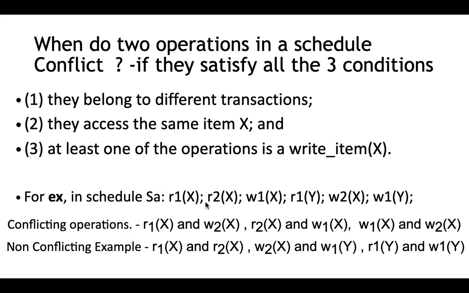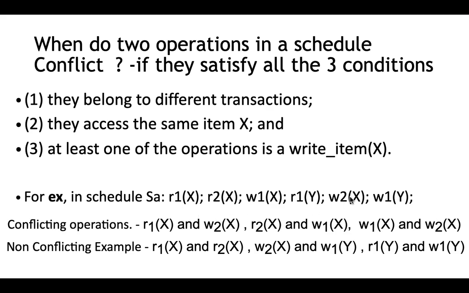So in the schedule, let's see which are the conflicting operations and which are the non-conflicting operations. Remember, we are trying to identify the conflicting operations. This R1 of x individually is an operation. Taking the case of R1 of x and W2 of x, we need to check whether these two operations are conflicting.